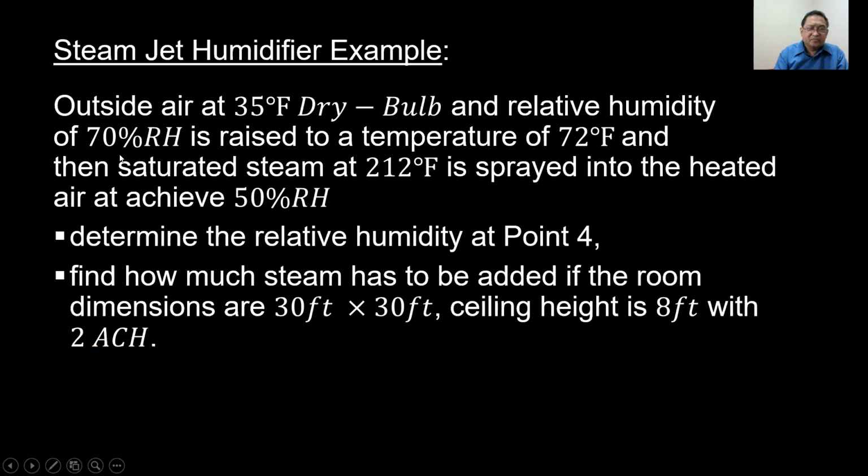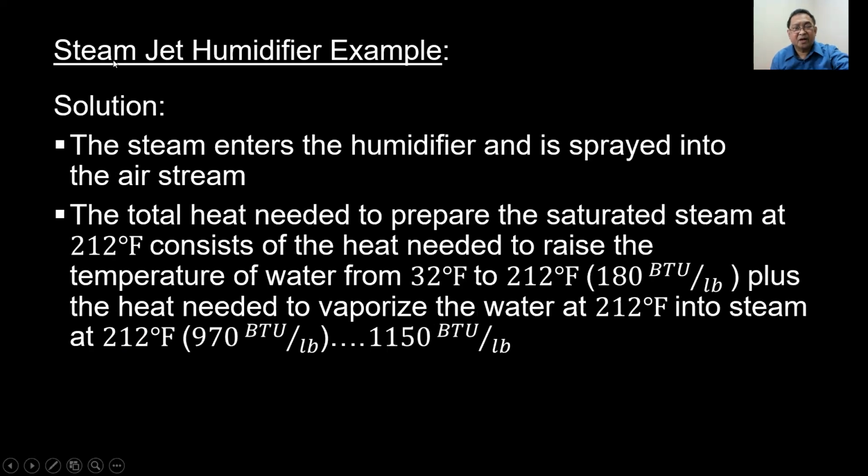The outside air at 35 Fahrenheit dry bulb at relative humidity of 70 is raised to a temperature of 72 Fahrenheit, and then saturated steam at 212 Fahrenheit is sprayed into the heated air to achieve 50% humidity. Question number 1, determine the relative humidity at 0.4. And number 2, find out how much steam has to be added if the room dimensions are the same, 30 by 30 by 8 feet with 8 air changes per hour.